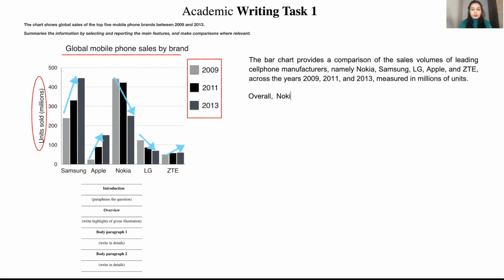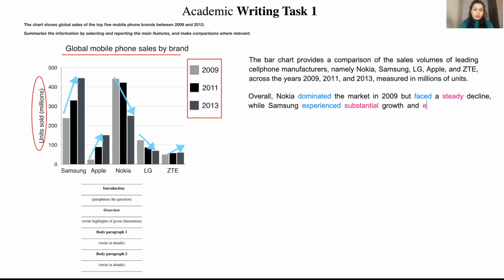Overall, you can also write here "overview." In an overview: Nokia dominated the market in 2009 but faced a steady decline, while Samsung experienced substantial growth and eventually surpassed Nokia by 2013.